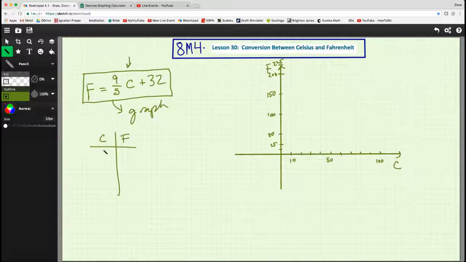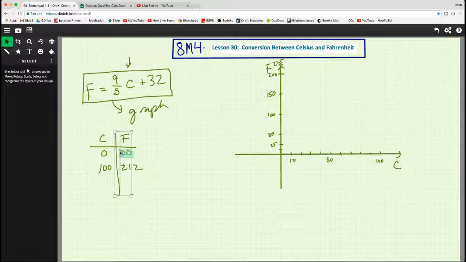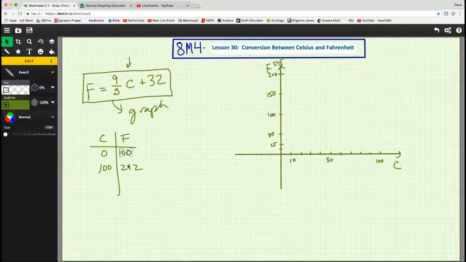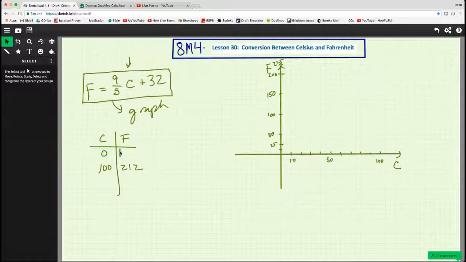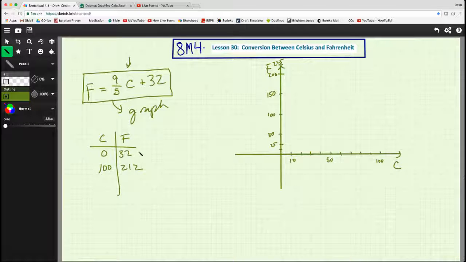C and F. We got 0 and 100. And here we got 100 and 212. So 0, comma, sorry, that's not right. 0, 32.